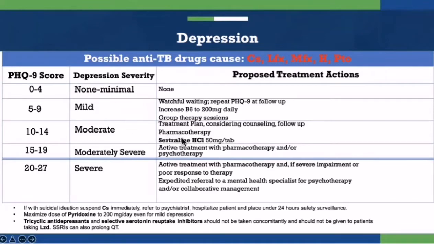The proposed treatment action for moderate depression is to consider counseling and do the follow-up, or you may refer to a specialist or psychiatrist, and sertraline, which is our ancillary drug, can be given at 50 milligram per tablet. So again, as I've mentioned earlier, if with suicidal ideation, you may suspend cycloserine immediately.